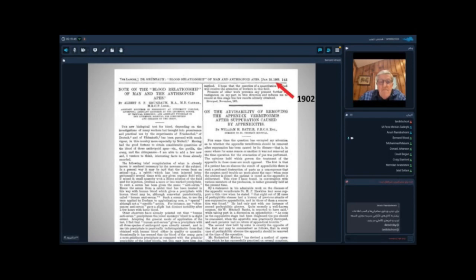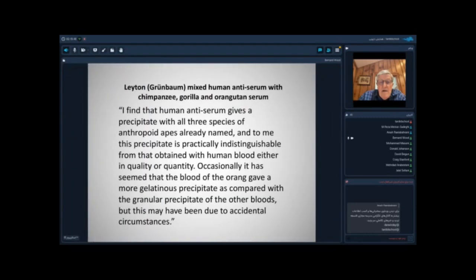And what he suggested in the letter, and we now know that he was right, basically what he was doing was using what was then a newfangled technique, which was mixing antiserum with serum, and that was called serology.